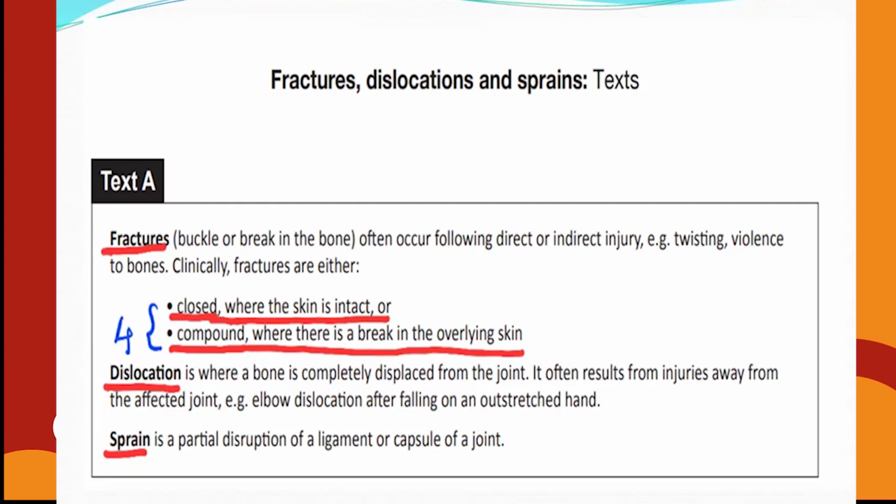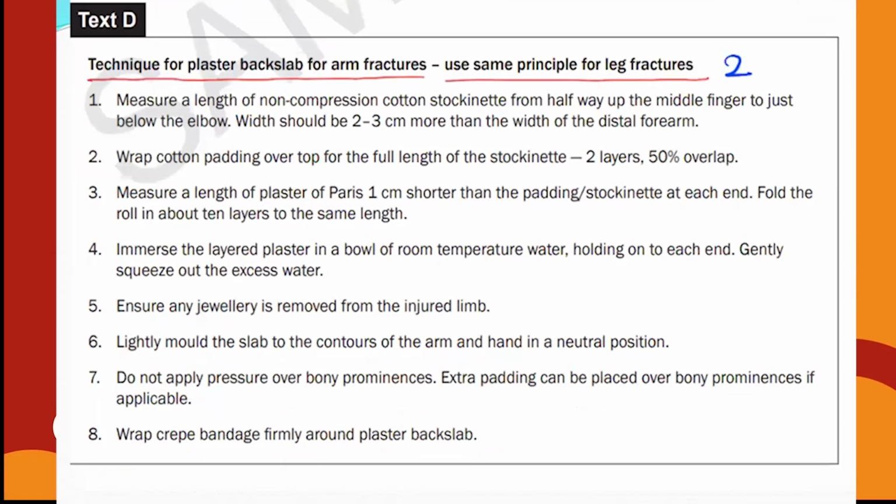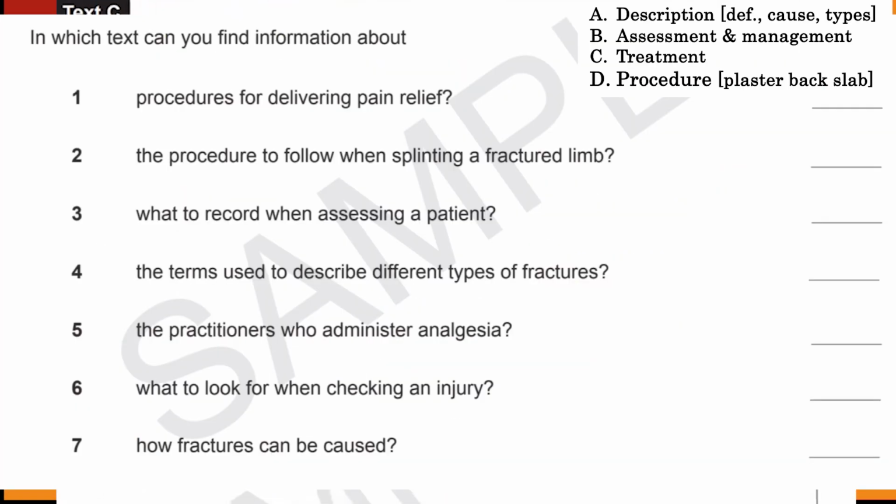And for question number 5, the practitioners who administer anesthesia. It is easy to understand the anesthesia part. It is the drug part we are giving for the pain, and it is located in part C as a medication we marked already.